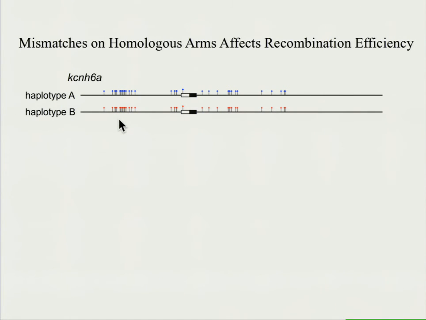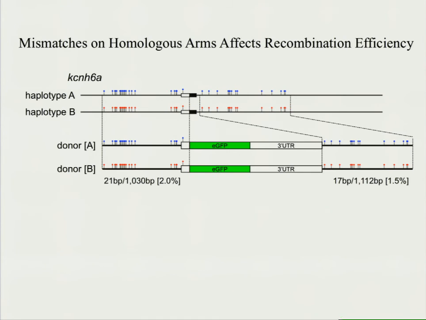So we prepared the donor plasmid from each haplotype. Consequently, the left arm has about 2% difference, and the right arm has a 1.5% difference. So we analyzed the recombination efficiency of each donor in embryos with matched genotype or mismatched genotype.